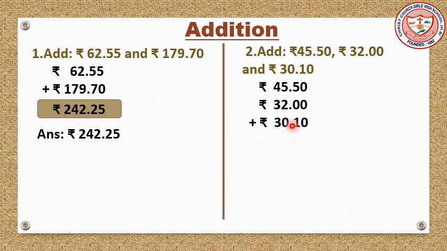And then we will start calculating from right to left. And if we add these three amounts, we are going to get rupees 107.60. Okay? So girls, please try out more addition sums from your textbook.